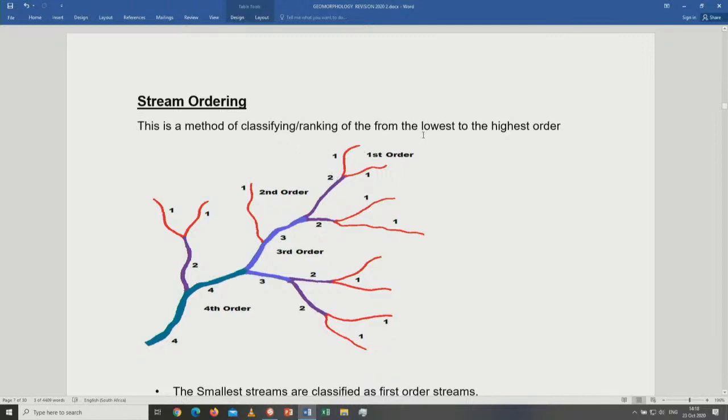So the first order, where a river starts, that's the first order. The smallest streams over here, all of them, we call first order streams.